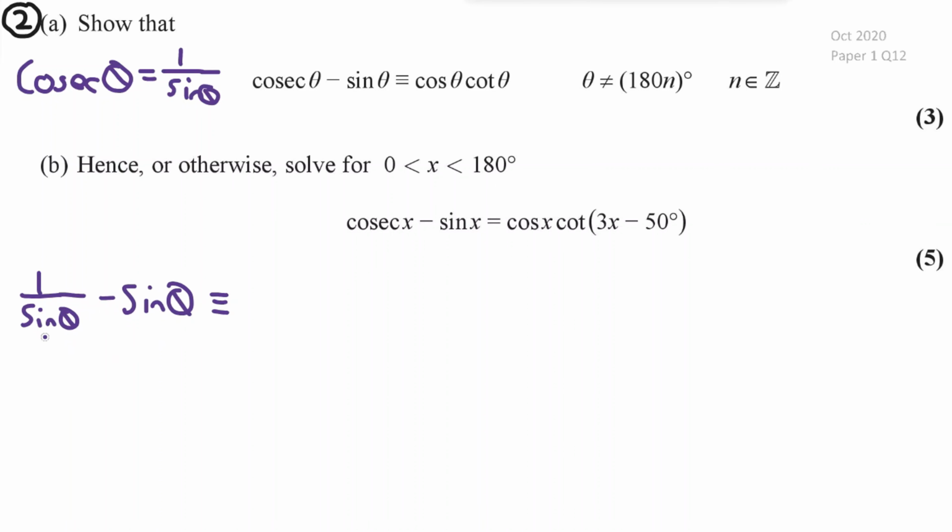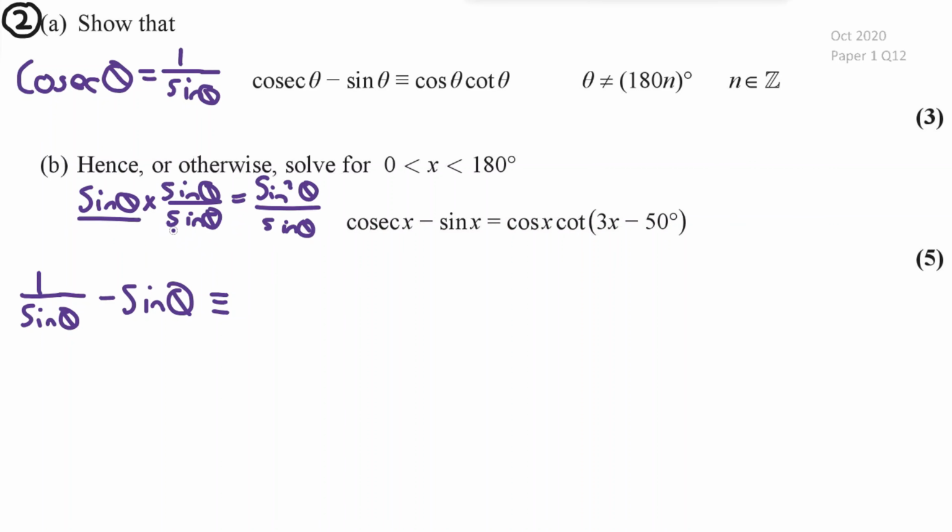And then the second tip is to combine everything into one fraction if we have a fraction like this, which we do. So we're going to combine this into one fraction like this, and we're going to do this by multiplying sin theta by sin theta over sin theta, so therefore it has this denominator here, and this is equal to sin squared theta over sin theta.